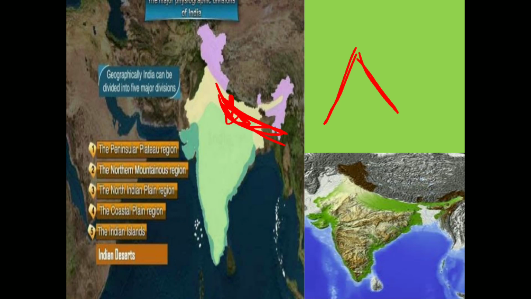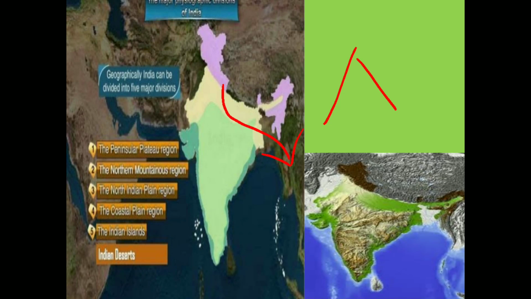Because the main river coming out of the Himalayas flows here. Ganga, Yamuna, Satluj, etc. flow throughout these plains, and these rivers make the plains very fertile. That is why many types of crops are grown here.